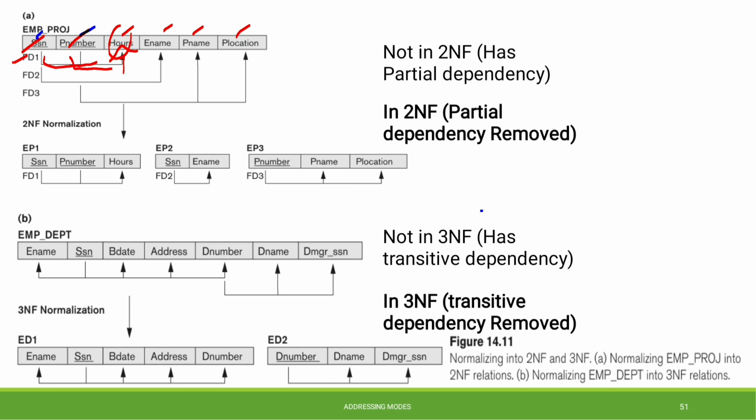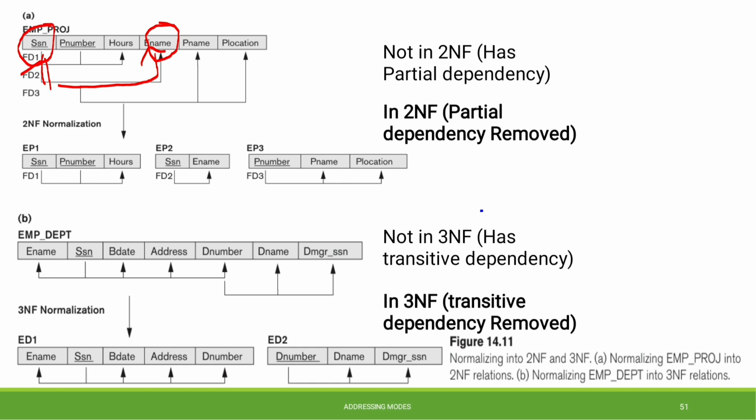So there is no partial dependency in the case of the non-prime attribute hours. That is the first point. Next, if you consider functional dependency 2, from SSN one arrow ends on ename. Now the non-prime attribute ename is dependent only on the SSN attribute.